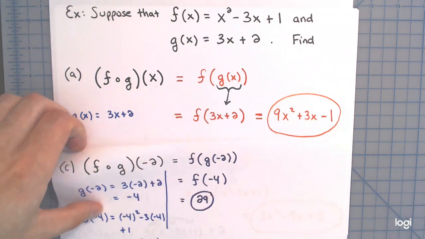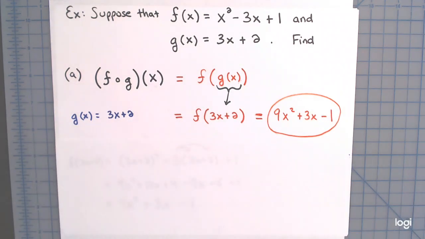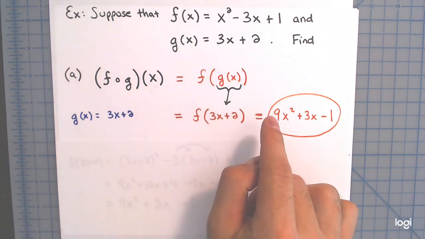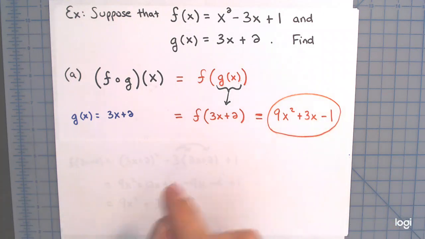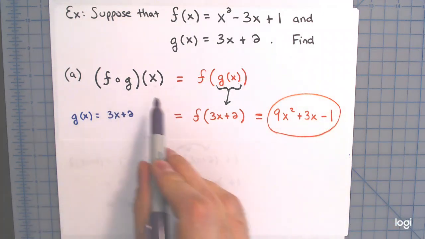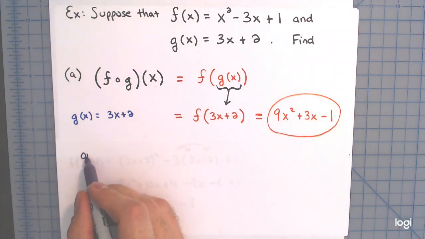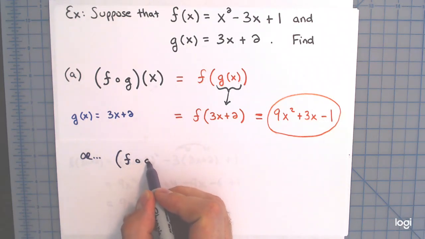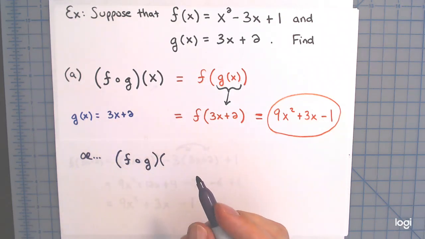Let me pull this up. So this was the composite function we found earlier: f composed with g at x is 9x squared plus 3x minus 1. You can use that rule. I'm finding f composed with g with the input of -2.